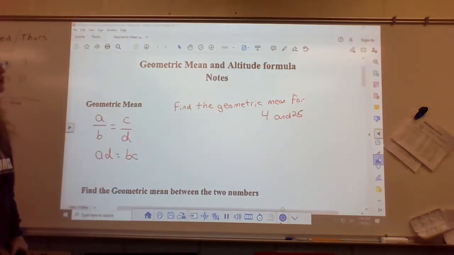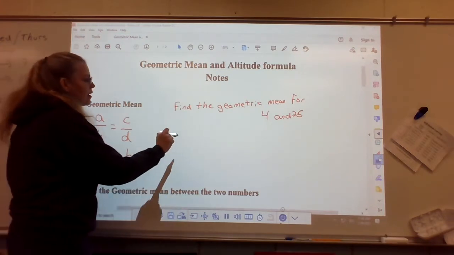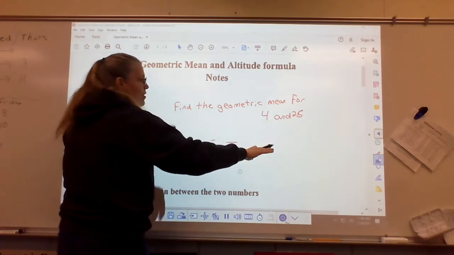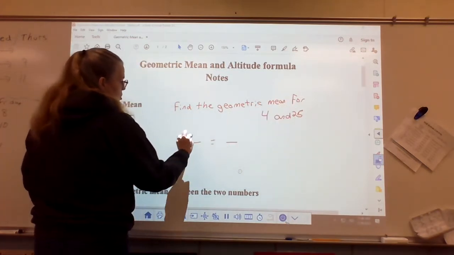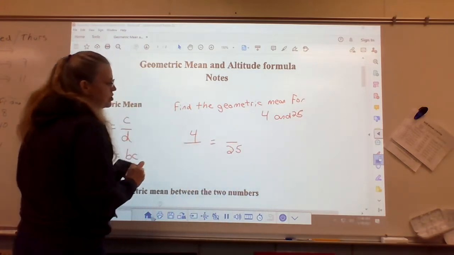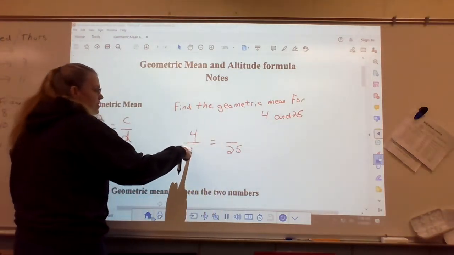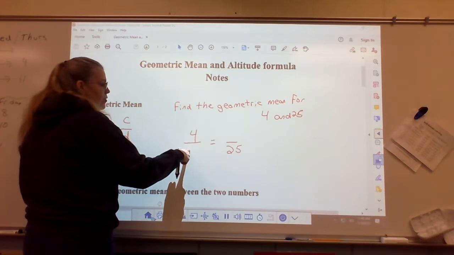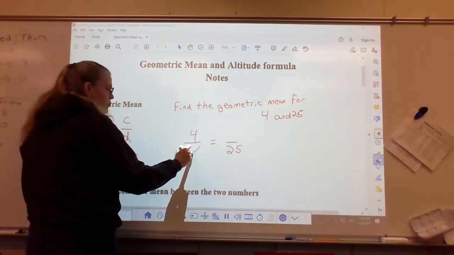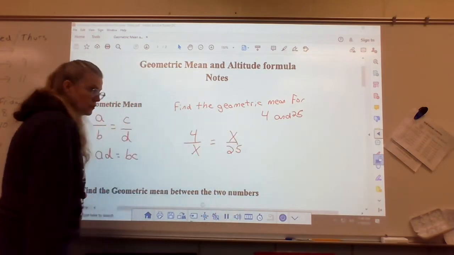If I'm trying to find the geometric mean for 4 and 25, I'm going to set up a proportion. 4 and 25 are the far numbers, so they're going to go in these corners. The geometric mean is what I can put in these two corners that would make this proportional. It's the proportional value. So I can put an X here and an X here because I don't know it.